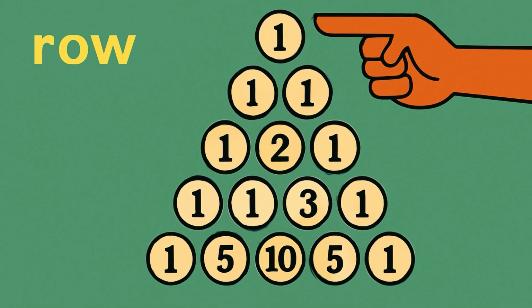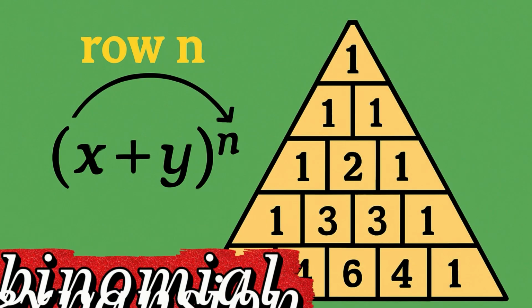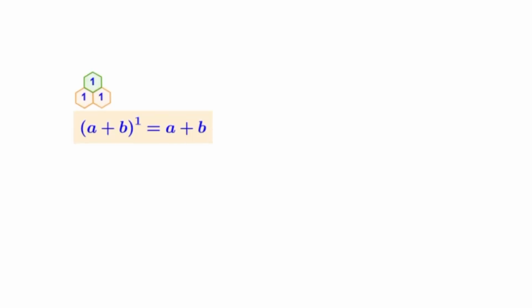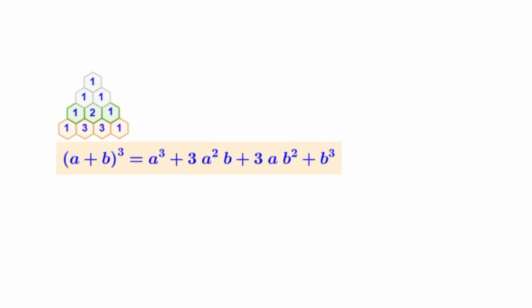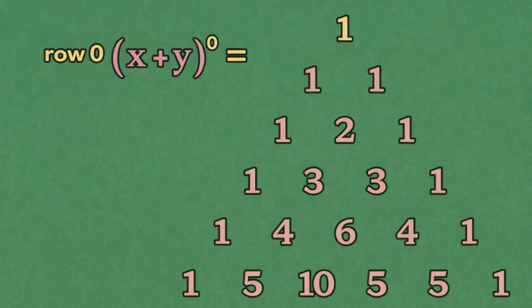Now let's look a little deeper. Each row of Pascal's triangle is closely connected to something in algebra called a binomial expansion, which simply means expanding a power of a sum of two terms. In this connection, the number of the row tells us the power we are working with. And remember, the very top of the triangle is considered row 0.